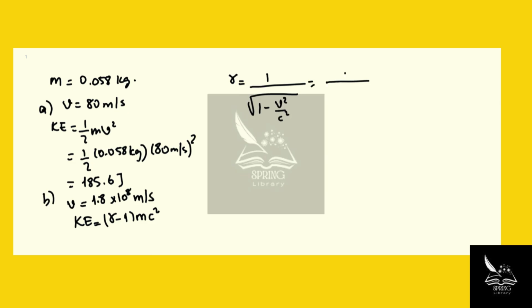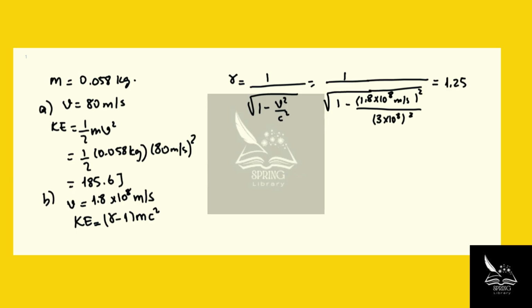In our case, 1 over the square root of 1 minus 1.8 times 10 to the power of 8 meters per second squared, divided by the square of the speed of light. So if we do the algebra, we get 1.25 for our gamma factor.